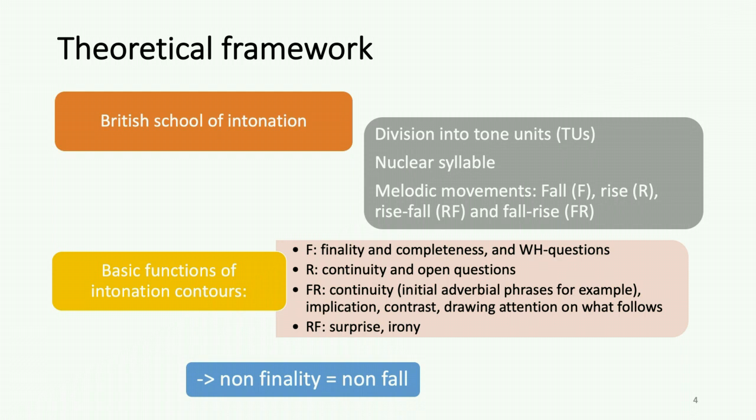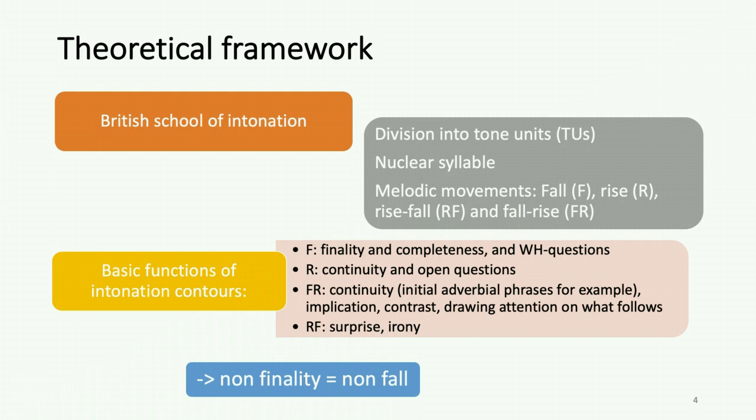Our theoretical framework is the British School of Intonation. The British descriptions of intonation are based on a configurational approach, using the tone unit as the main constituent and defined as a complete, coherent intonation contour. A tone unit, a TU, comprises at least one syllable, which is necessarily the nuclear syllable or nucleus.